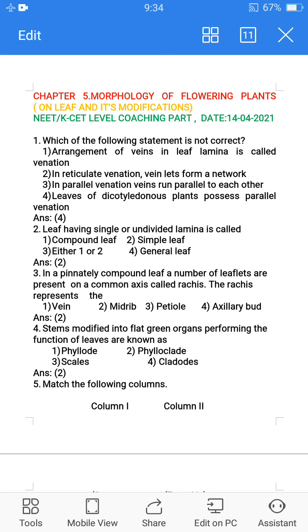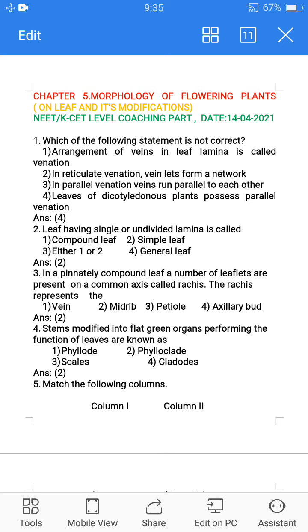Next, in parallel venation, veins run parallel to each other. Example, rice, sugarcane, etc. Last, leaves of dicotyledonous plants possess parallel venation. This is absolutely wrong because dicotyledon plants possess reticulate venation, whereas monocotyledon leaves possess parallel venation.